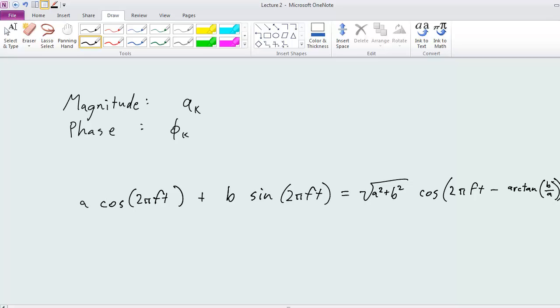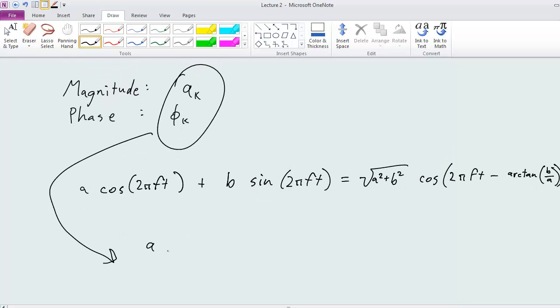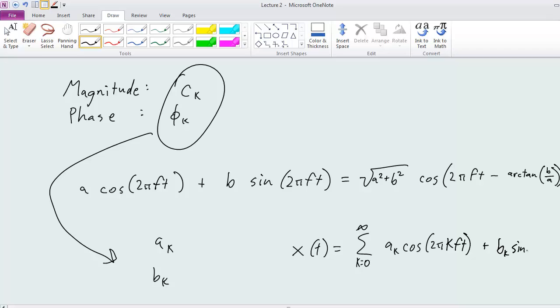So an alternative way to reconstitute your signal is to convert these numbers into two other sequences, A_k and B_k, where x of t is the sum over all k of A_k cosine 2 pi f_k t plus B_k sine.